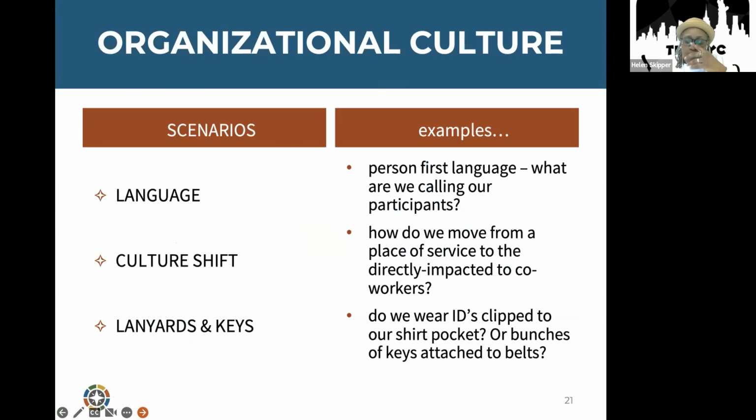When you are preparing to onboard someone who is directly impacted, there is preparation that needs to be had. When you're looking at your organizational culture and you're preparing to do something that you have not done before, you can't just throw open the doors and say, come on in, even though that's how you want to do it.